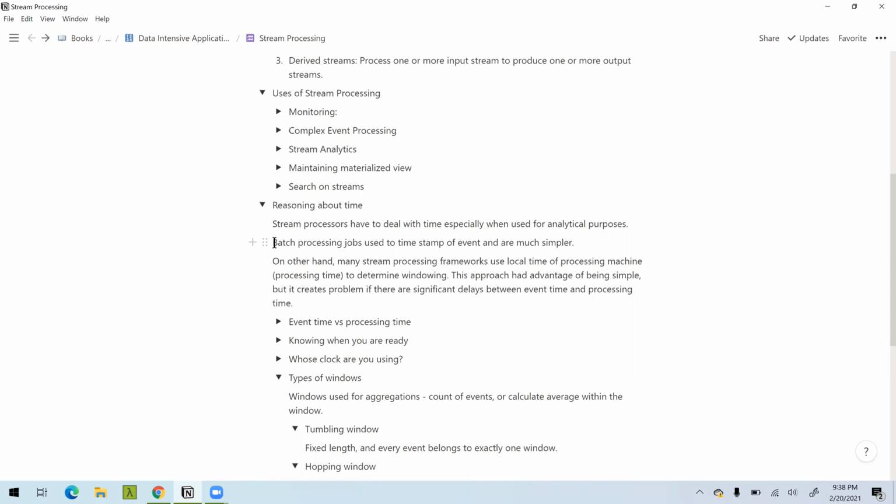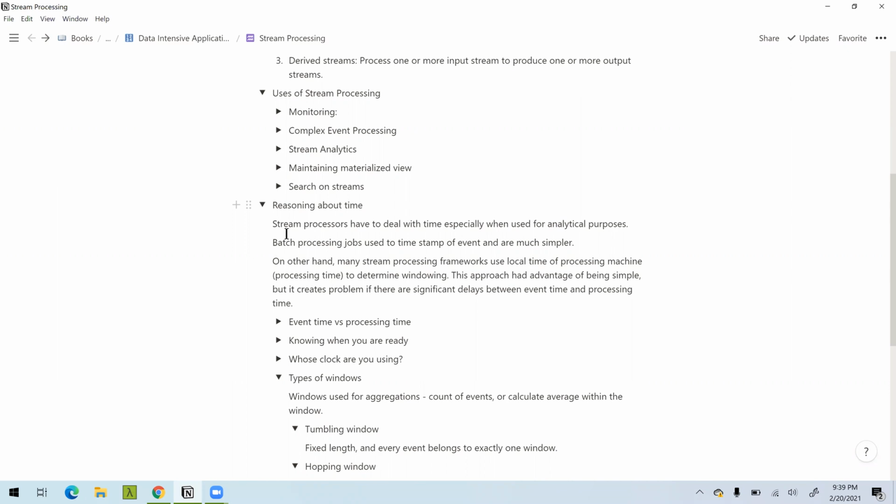But in stream processing, when we are dealing with streams for analytical purposes, using the timestamp of events might create some problems. So a lot of these stream processing frameworks don't use the timestamp of the event, but instead use the timestamp of the local time on the processing machine.